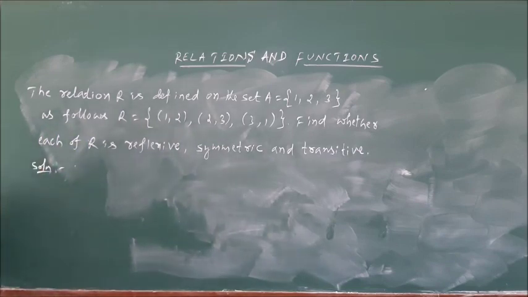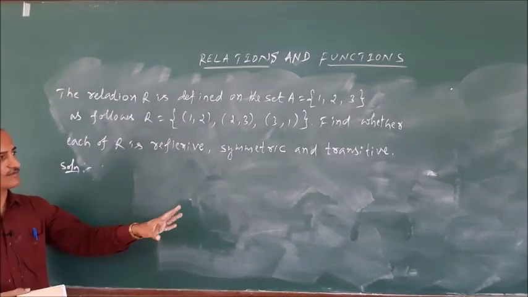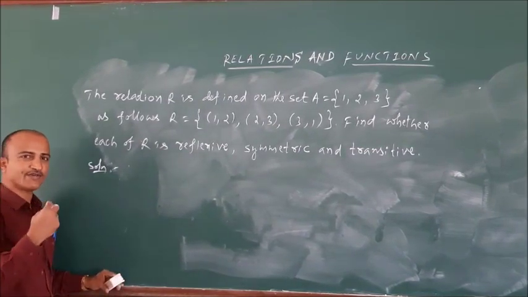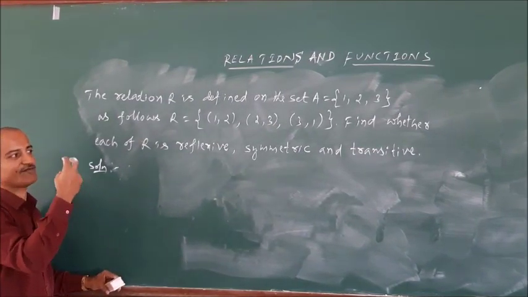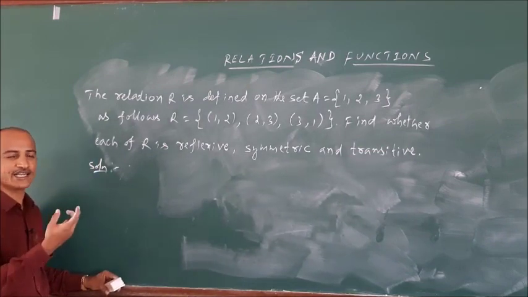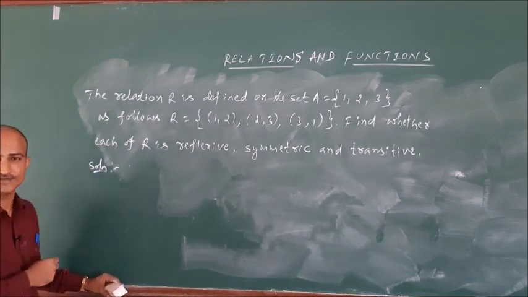Yes. Now we shall find whether R is reflexive or symmetric or transitive. Once again, what is required? We know the meaning of reflexive, symmetric and transitive, or the conditions to say a relation is reflexive, symmetric and transitive.